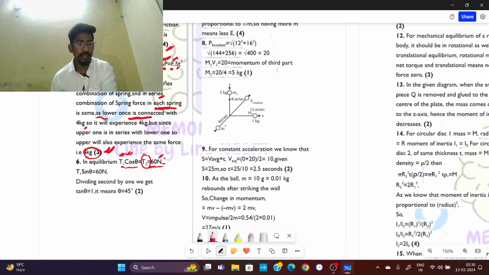Therefore T1 cos theta is 60 Newton, and the vertical component of T1, that is T1 sin theta, is also equal to 60 Newton.